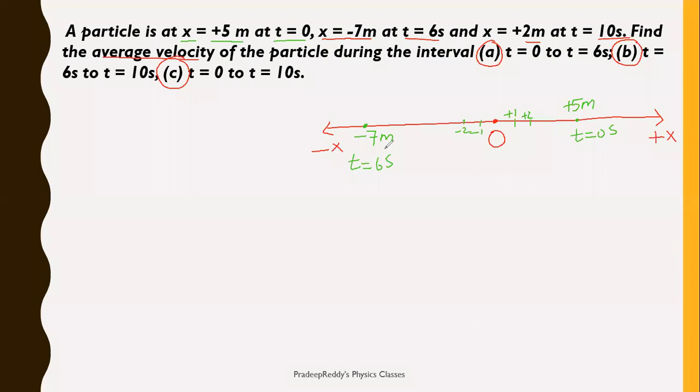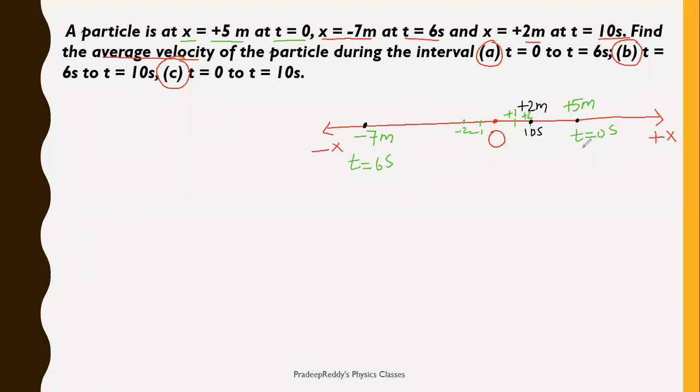And when t is equal to 10 second, the body is at plus 2 meter. So the body is at plus 2 meter. That means here, the body is at this position. It is plus 2. At what time? 10 second. Right? Here we have 3 different points: 1, 2, and 3.